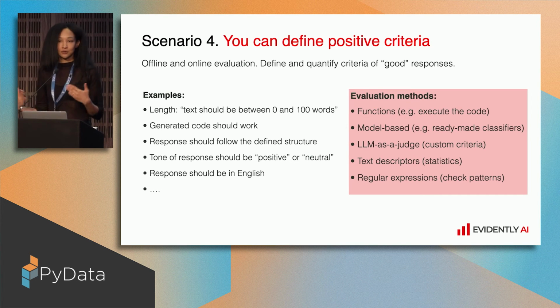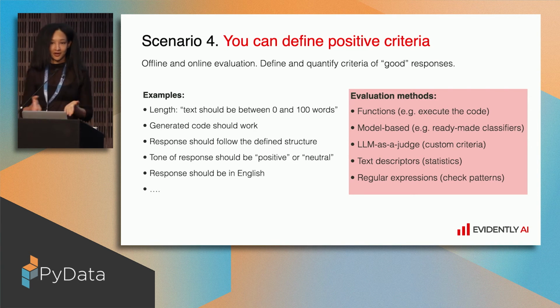And when it comes to evaluation methods, we can do quite a lot of things there. It can be, for instance, some functions. If we have a sandbox, we can try to run the generated code and check whether it works or not, right? Or maybe you can do some model-based evaluations, because there are so many ready-made classifiers and regression models, for instance in Hugging Face, which can do toxicity analysis, PII scoring, personal identifiable information.